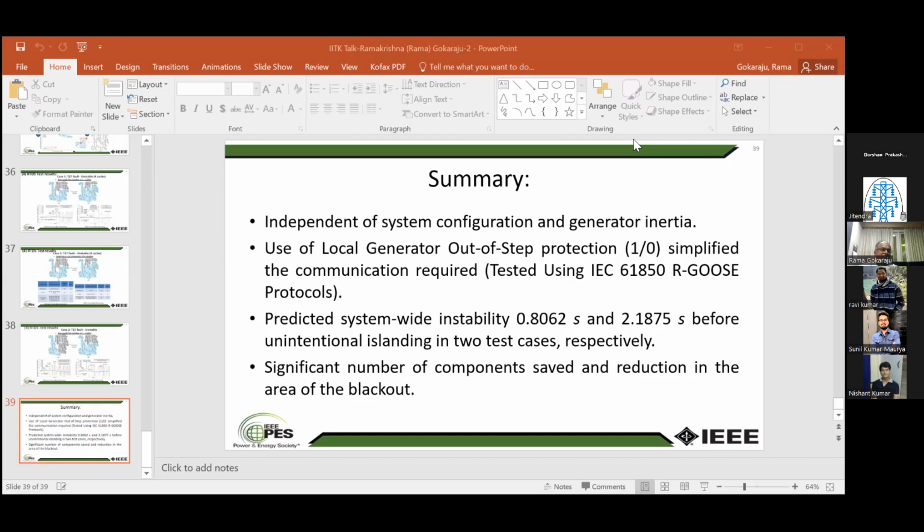Yes, sir. And you would have heard of this KEPCO system, the Korea Electric Power Corporation in South Korea. Their whole system is on RTDS. They are using some 27 racks.